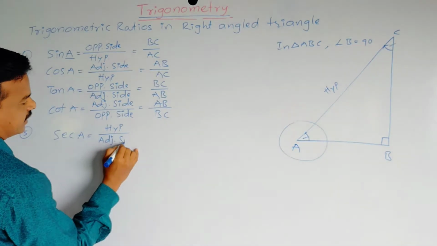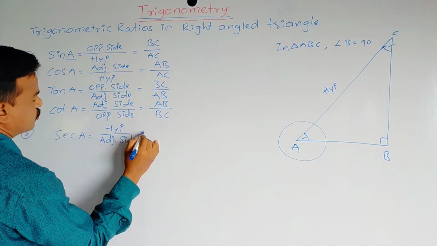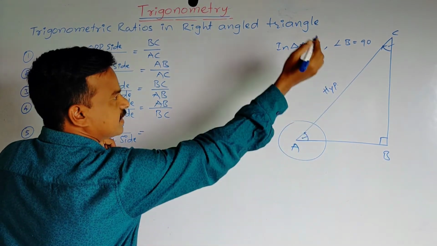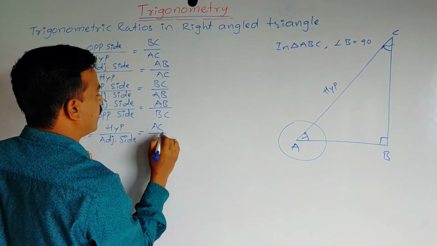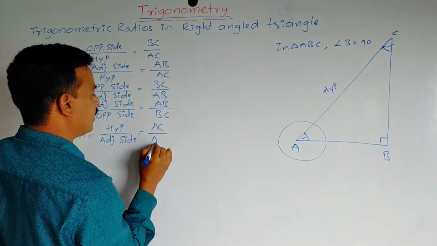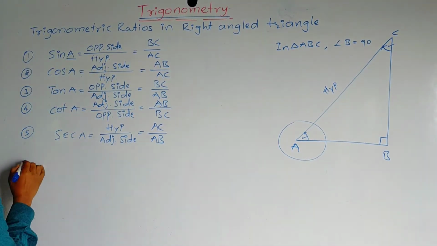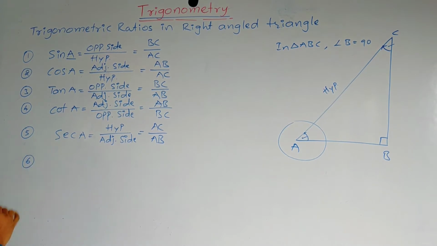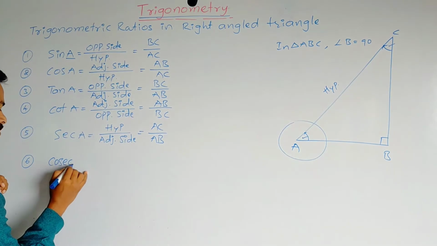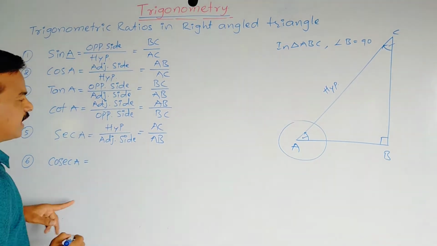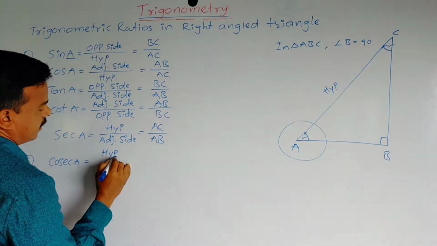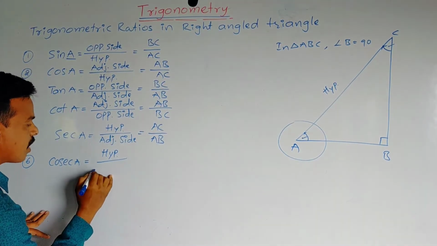Sec A is hypotenuse AC divided by adjacent side AB. Next, the sixth one, cosec A. Cosec A is equal to hypotenuse divided by opposite side.